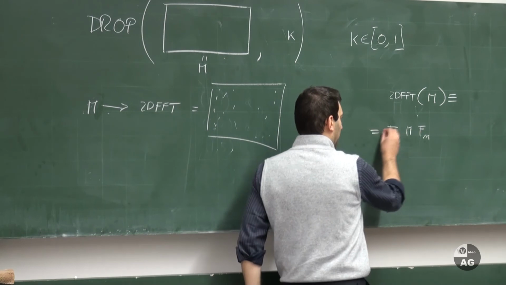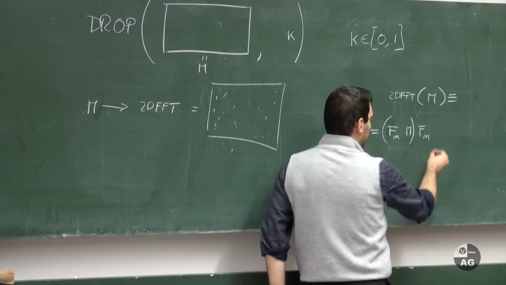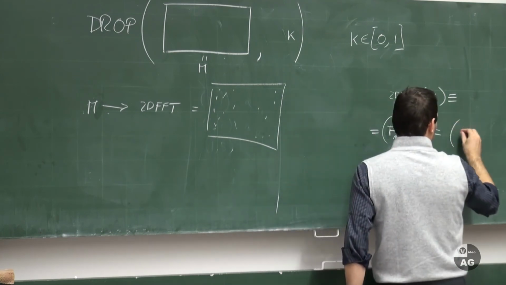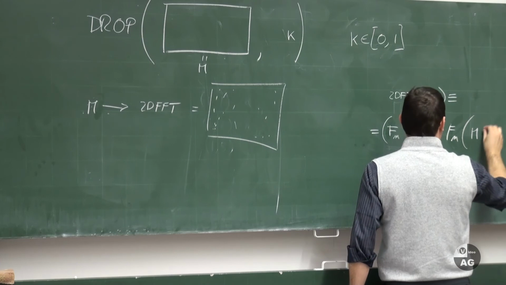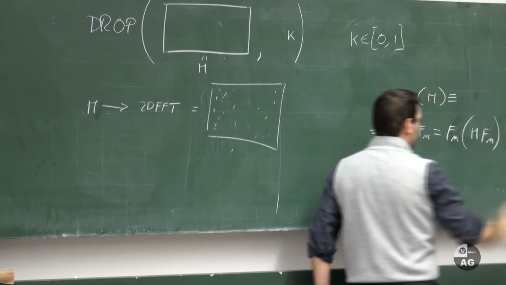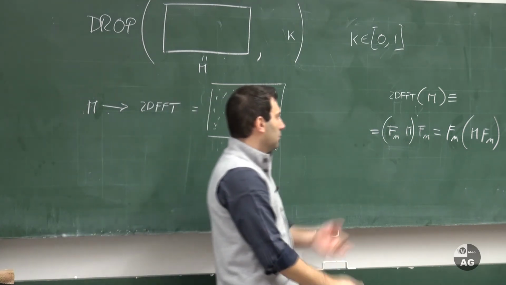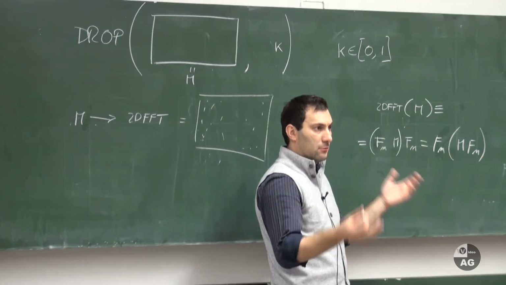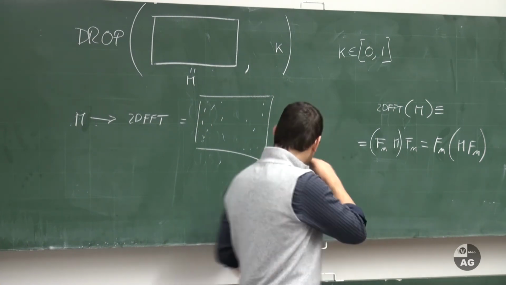So it's the same as FFT from the left followed by FFT from the right. I have to add this to the slides. So the 2D FFT is the composition of two stages of 1D FFT.